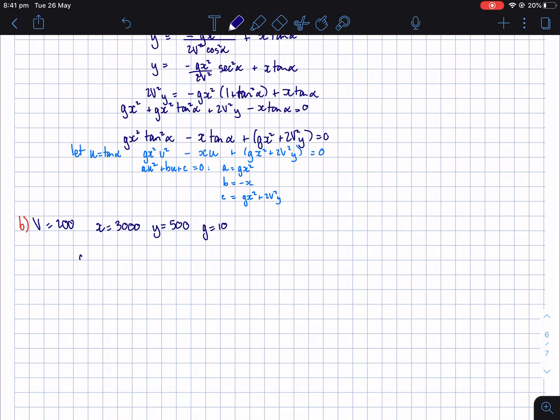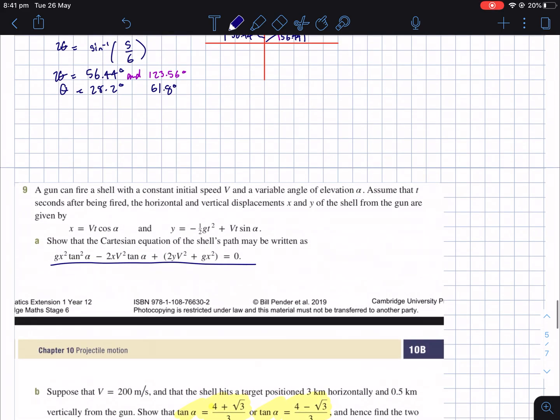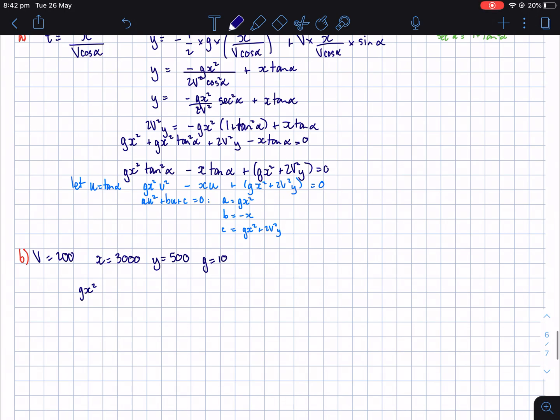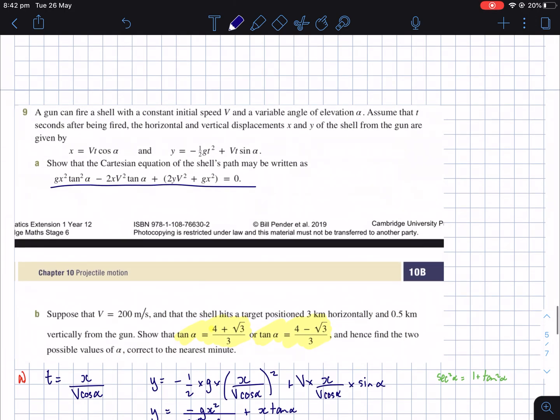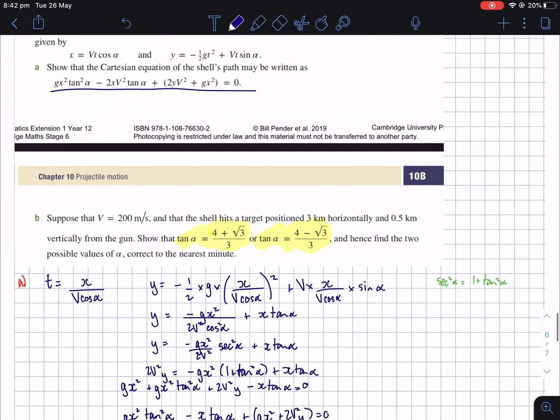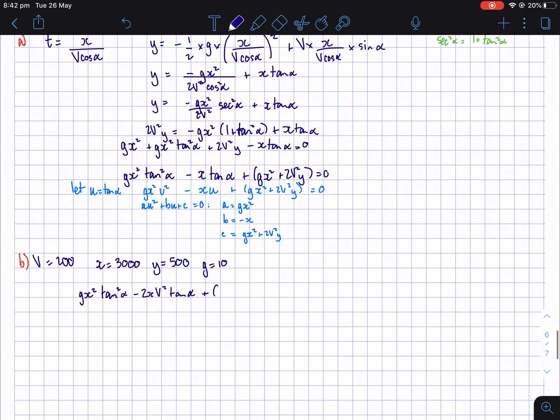So I've got gx squared tan squared alpha minus 2xv squared tan alpha plus 2yv squared plus gx squared.